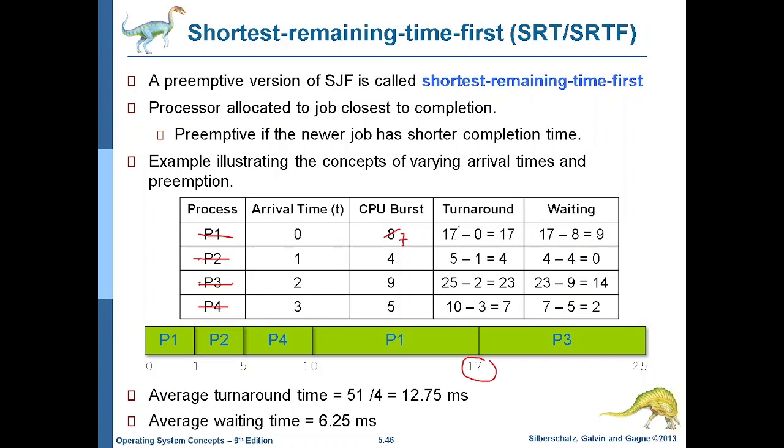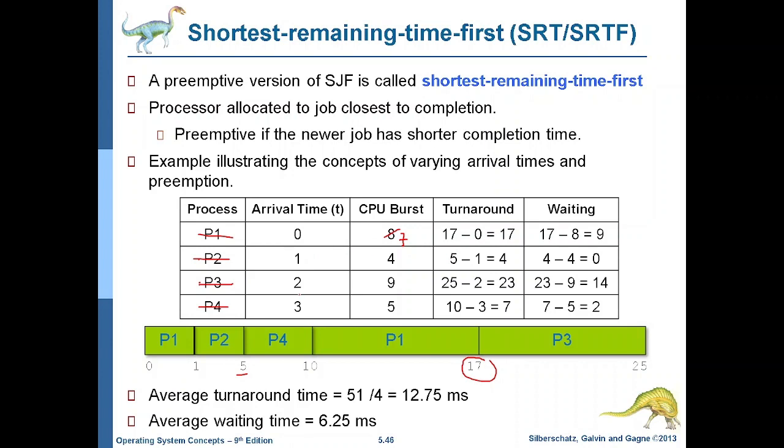We will subtract the arrival time, the AT, from the 17. So 17 subtracted by 0, we will get 17. Next is P2. P2 finished executing at 5 here. So 5 subtracted by the AT.